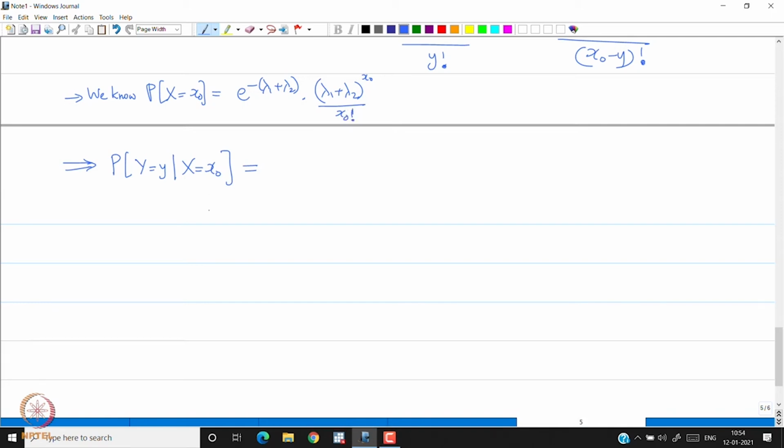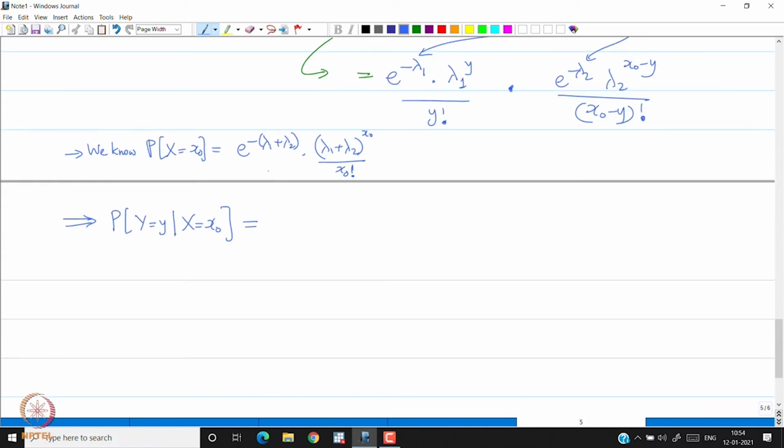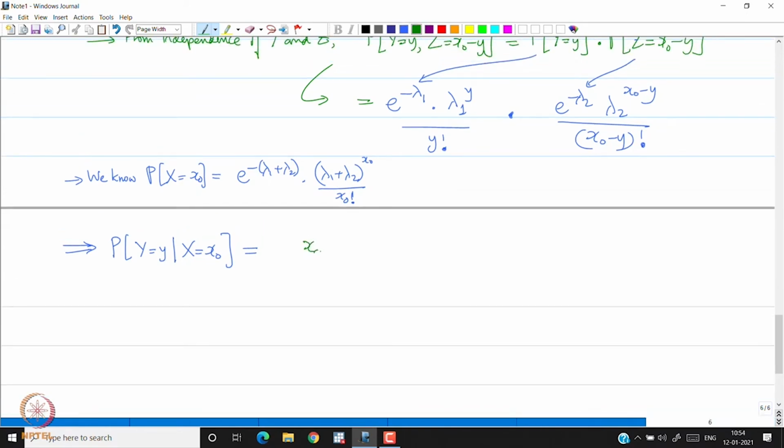So this conditional probability is now fairly easy to write out. You have the numerator and denominator. It turns out that this is x naught factorial divided by y factorial times x naught minus y factorial. The reason you get this x naught factorial is that the x naught factorial in the denominator goes into the numerator here, and then you have the denominator terms y factorial and x naught minus y factorial from the two denominators up here.